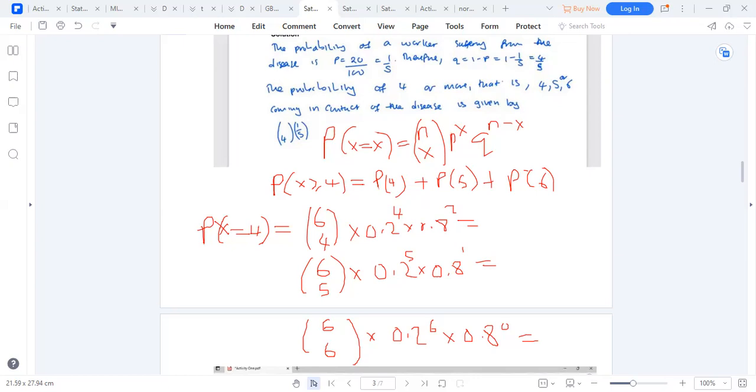So if you're using a Casio calculator, your calculator will look something like this. The combination is found directly just below. I hope you have a calculator nearby.